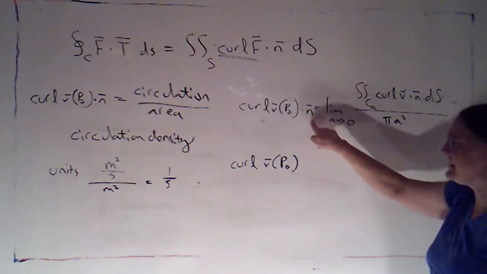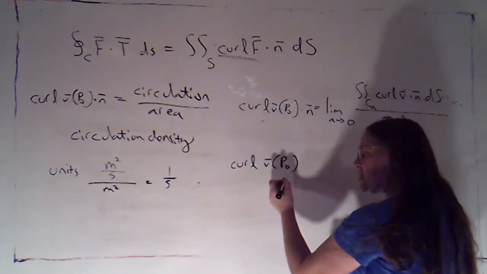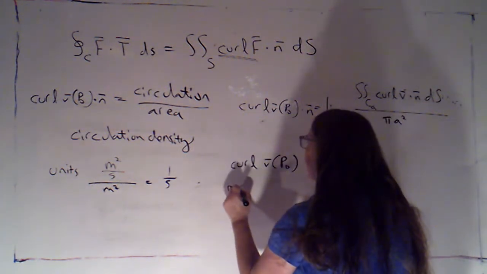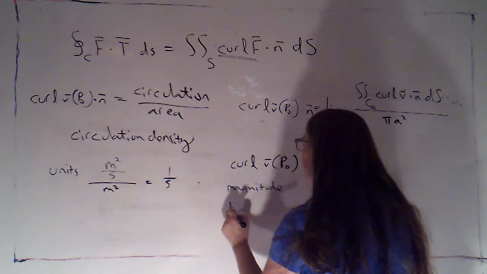Because this is dotted with n, okay? So this is a vector, so it's going to have a magnitude and it's going to have a direction.